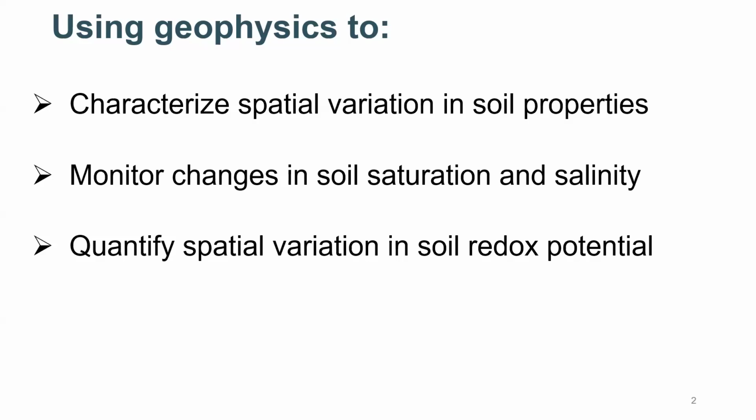Or it may even go as far as saturation, water content, how it is changing, or organic matter content, salinity, and even the redox potential. So the first thing I wanted to focus on is how we use geophysics to characterize spatial variation in soil properties, and I'll be focusing on moisture content, organic matter, and texture.